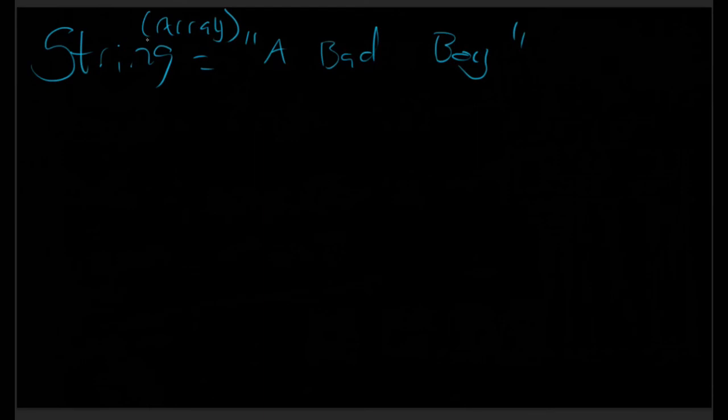So what this string is actually holding is a whole bunch of chars in a row. One that's a space, one that's a B, one that's an A, one that's a D, another space, one that's a B, an O, a Y. So it's actually an array of chars, and that's what a string is. This makes it so we can say, in quotes, this is the sentence or phrase I want.